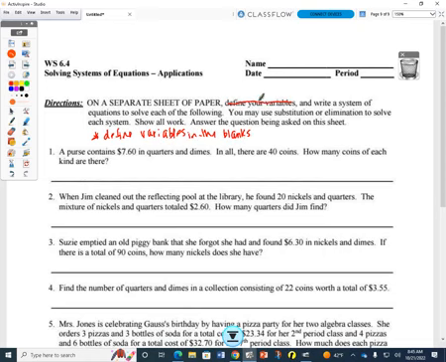So we're going to define our variables, but we're going to write it right here.